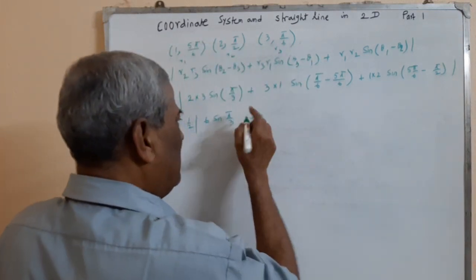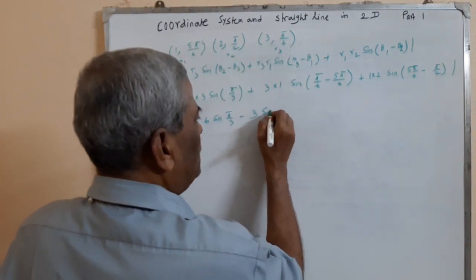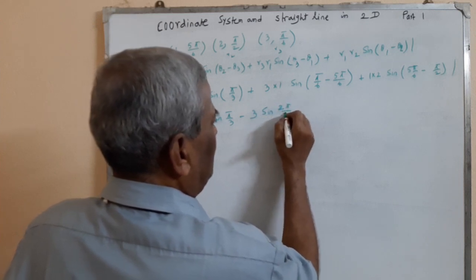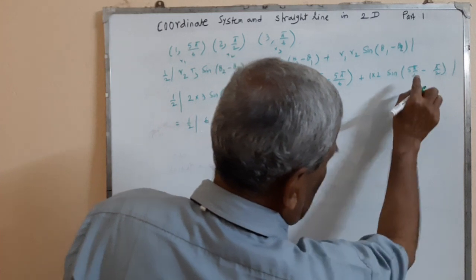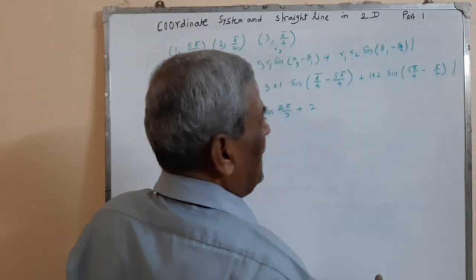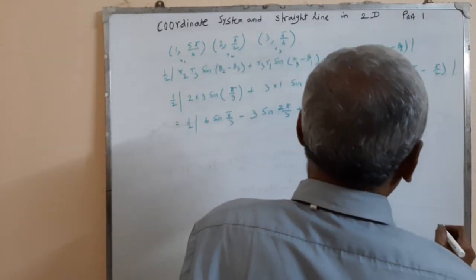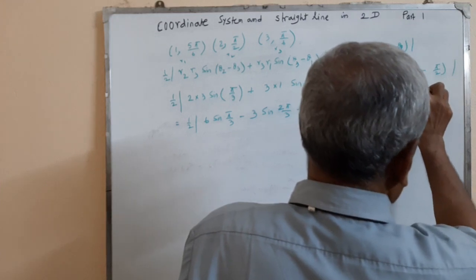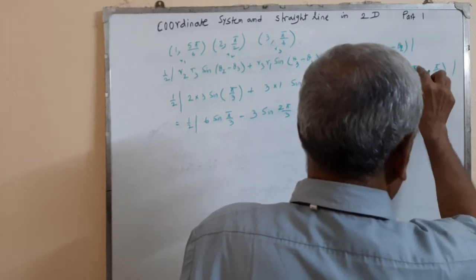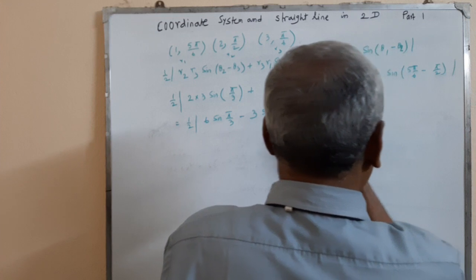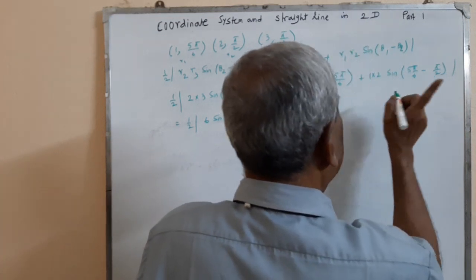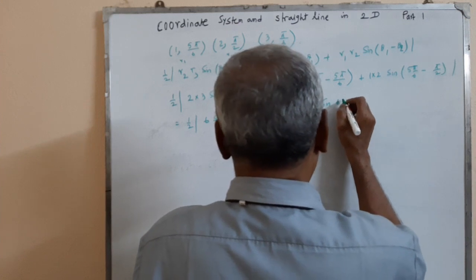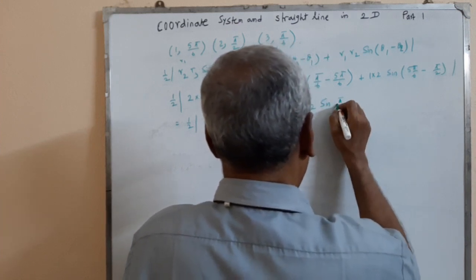So it becomes negative sine of 2 pi by 3, plus 2 into sine of (5 pi by 6 minus pi by 2), that is 150 minus 90, so 60 degrees, pi by 3.